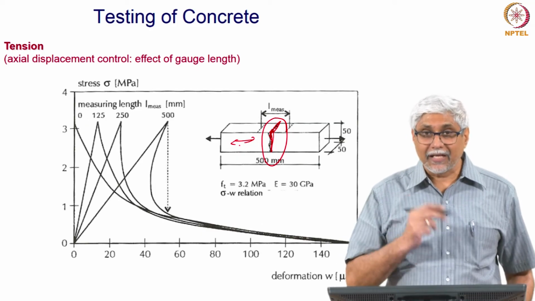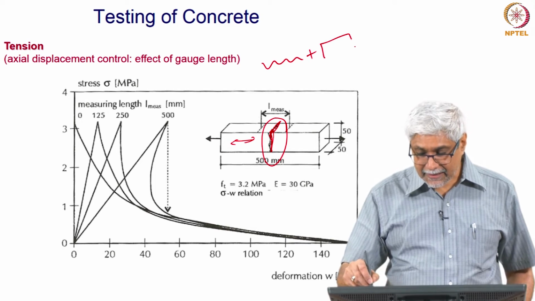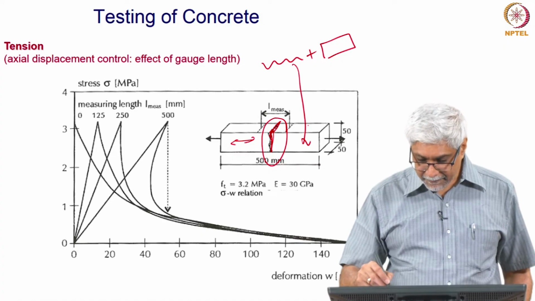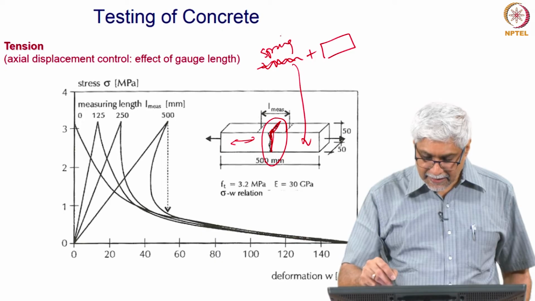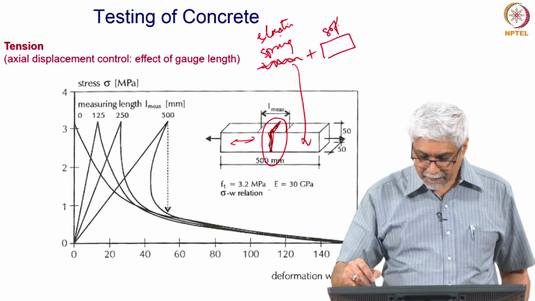So, going back to the diagram I showed you of a spring plus a concrete specimen, that is what is happening. This is the spring, this is acting as an elastic spring, and this is the softening element.